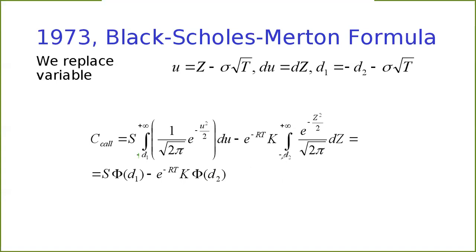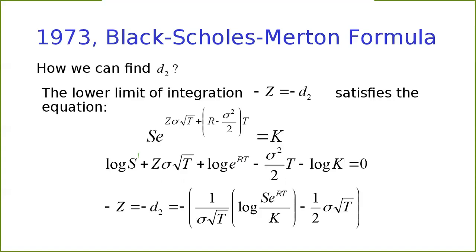But how can we find this d1 and d2? You remember that the call option wins if the market price is more than the strike price.